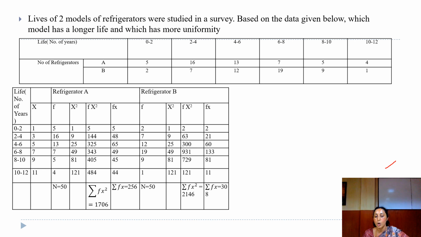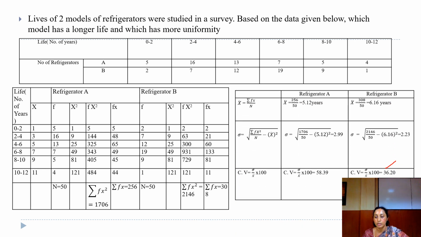We have computed all the values which will be required to find the average as well as the standard deviation. Let us find the average by using the formula f into x divided by n. So we get the average lifespan of refrigerator A as 5.12 years, and the average lifespan of refrigerator B as 6.16 years.